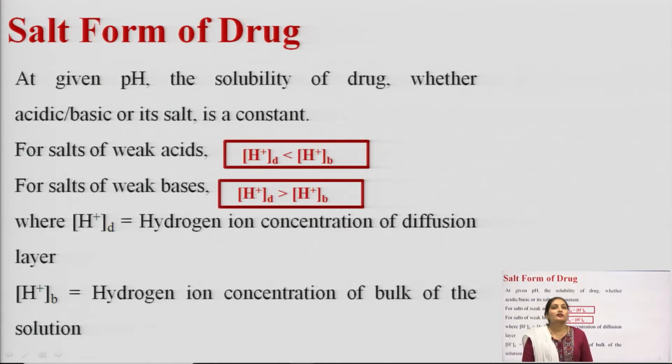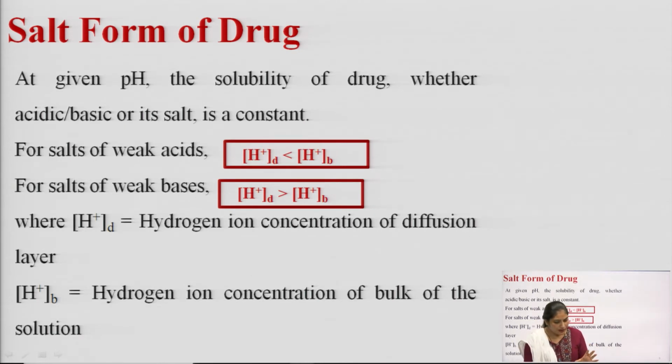Next is the salt form of the drug. What do you mean by salt form? Okay. Now, as we all know, most of the drugs are weak acids and weak bases. So, at a given pH, the solubility of the drug, whether it is acidic in nature, basic in nature or in the salt form, will be constant at a given pH.